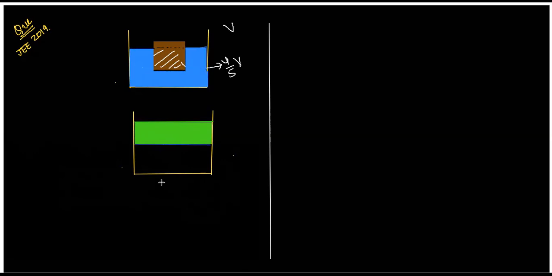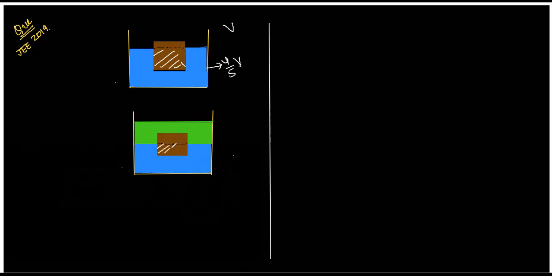Same thing over here. Now, see what's happening. After the oil is poured, only one half of the solid is inside the water and the other half is in oil. If I want to draw it, this time also with the help of a black dotted line, this is how it will look.